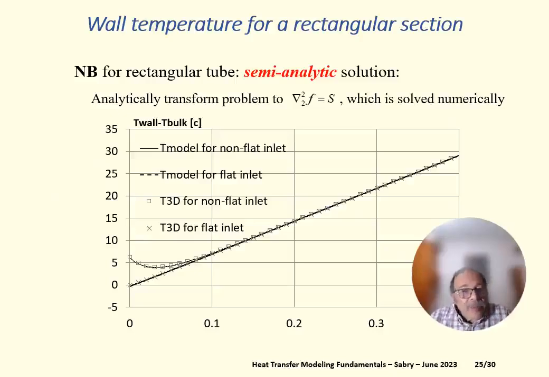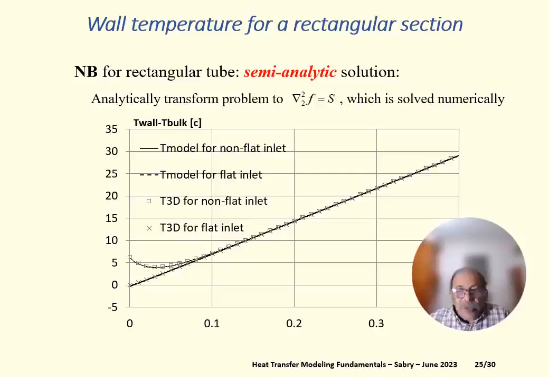I have done this also for a rectangular cross-section, but for a rectangular cross-section, we can no longer obtain the Green function analytically. But we can do something that is very simple. Analytically, we have transformed the partial differential equation, which is a convection diffusion problem, into a very simple Poisson's equation: Laplacian f, an unknown function, is equal to s, which is a known function.